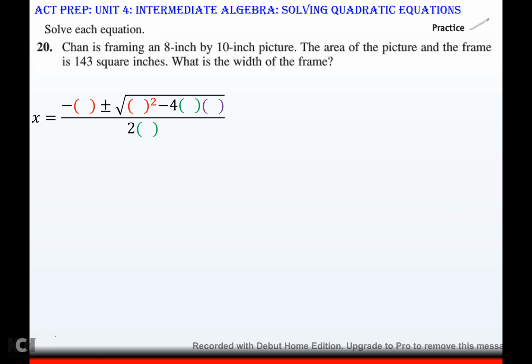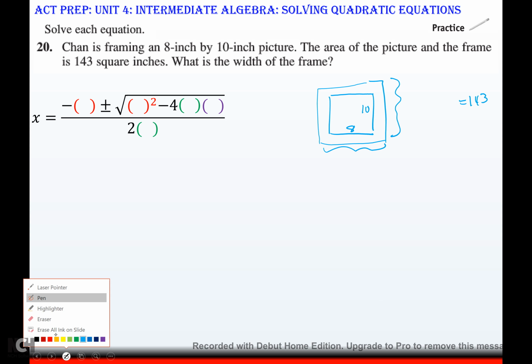Okay, Chan is framing an 8 by 10 inch picture. So this is 8, this is 10. And the area of the picture and the frame, so he's got a frame around this, is 143. So I need this length times this width to equal 143. Well, that's not 8 by 10 anymore. They added on a length, which I don't know. They added on x here, and they added on x here.